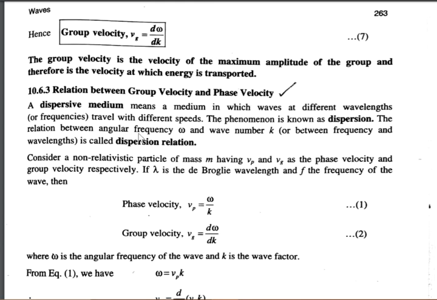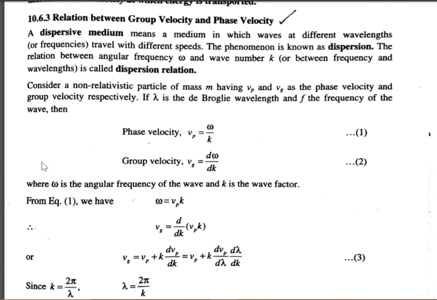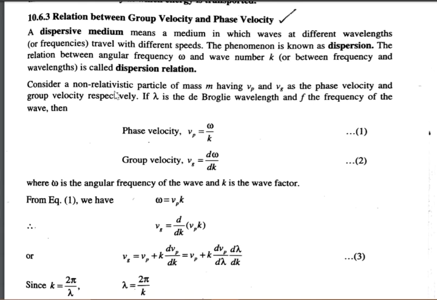The relation between angular frequency ω and wave number k is called dispersion relation. Now consider a non-relativistic particle of mass m having Vp and Vg as phase velocity and group velocity respectively.